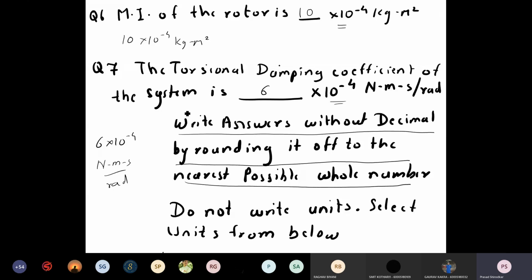So make sure you have the values entered in all the blanks and all the choices are selected before the final submission of this. Any questions regarding this? All right, so let's just finish your submission.